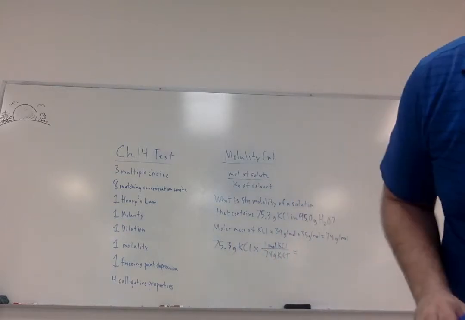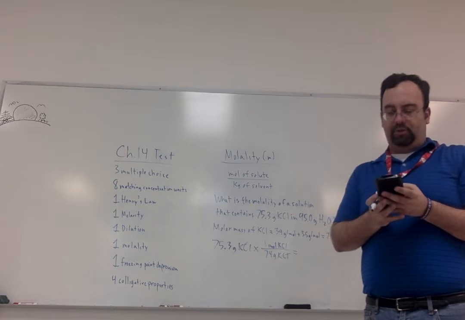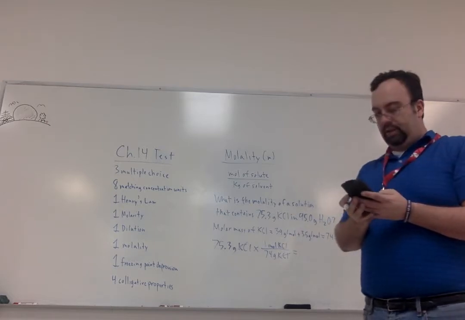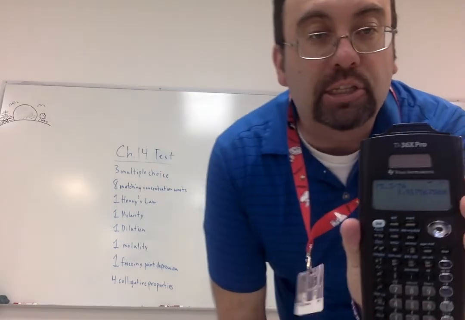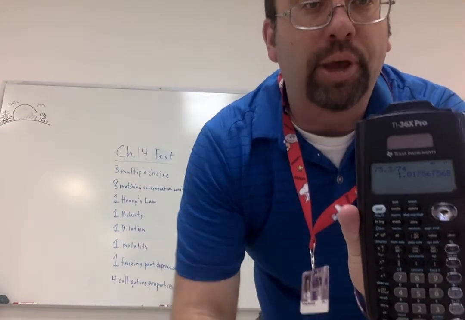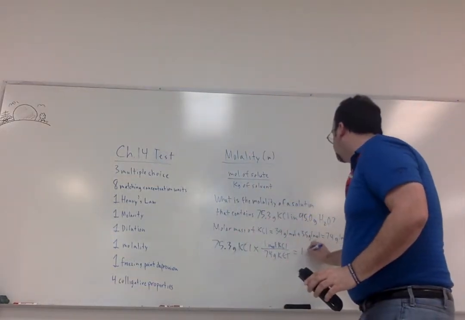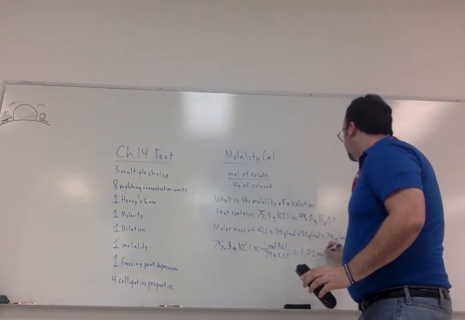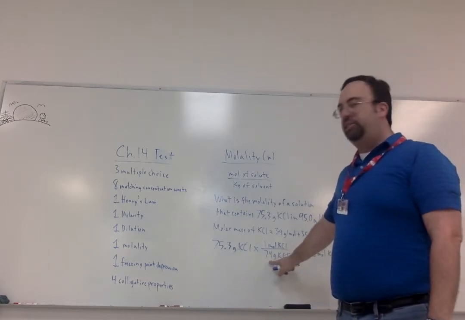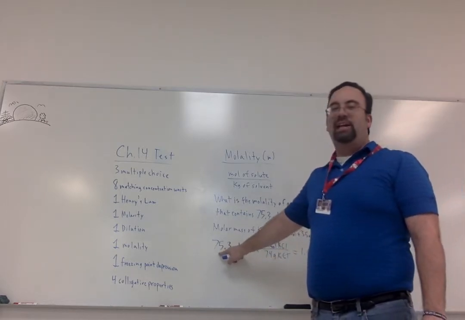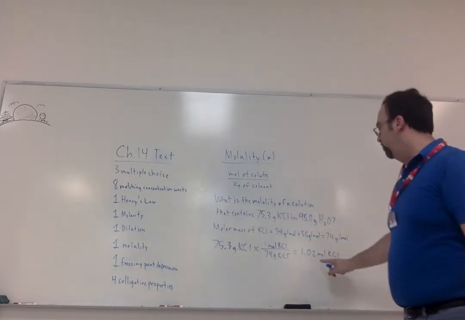So we're going to go ahead and take 75.3 divided by 74, and we end up with something about 1.02. And this should hopefully make sense because we see that this is 74. This is just slightly above that, so we expect that we're going to have slightly more than 1 mole, and in fact we do.